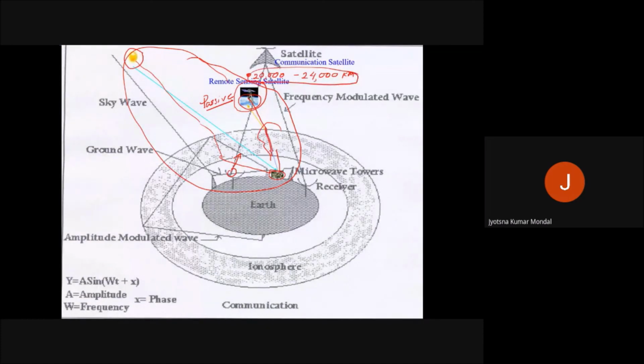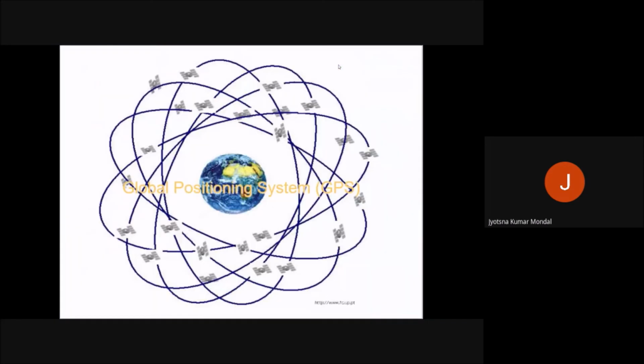And it makes an array of 24 satellites, just like this, in 6 orbits, with 4 satellites on each orbit. This is the GPS system we are using every day, every time on our mobile. The signals are absolutely free, non-coded signals.